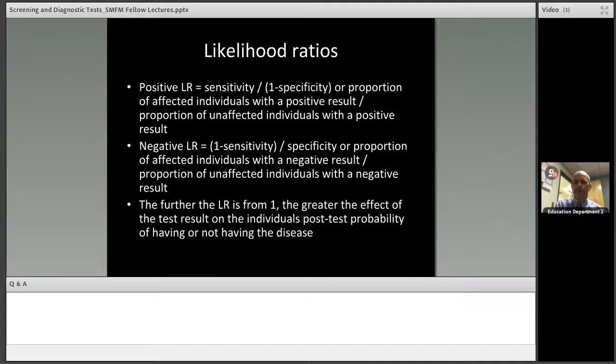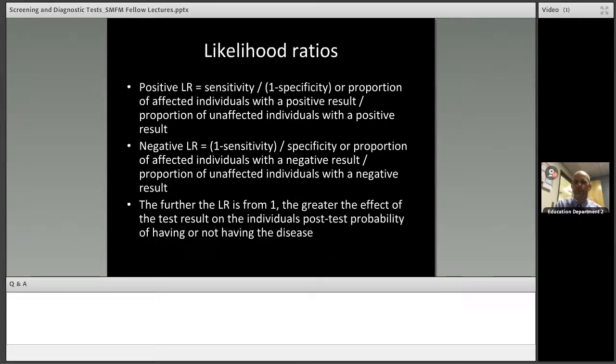I think we'll see with later examples that the closer the likelihood ratio is to 1, the less discriminatory it is. The further it is from 1, the greater the effect of that test on the individual's post-test probability. And I think we'll talk about that in this next slide.